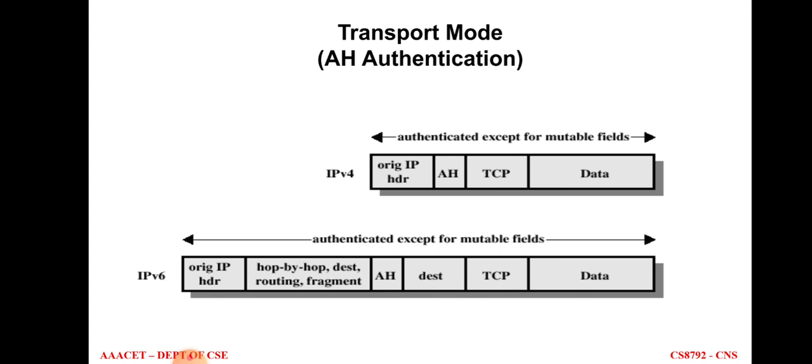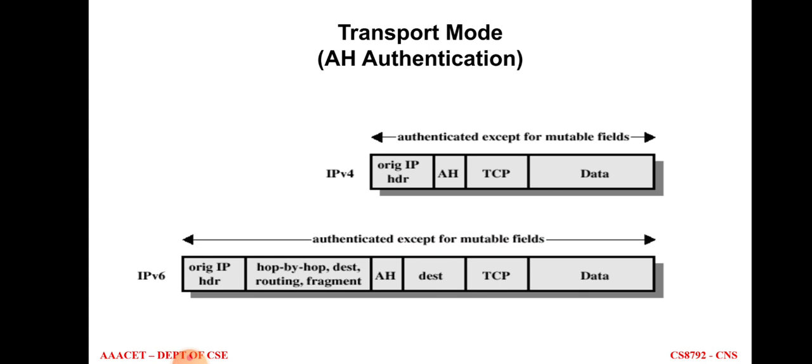So what is the use of transport mode in authentication header? In IP version 4, the IP payload is a TCP segment, or it has other protocols like UDP or ICMP.